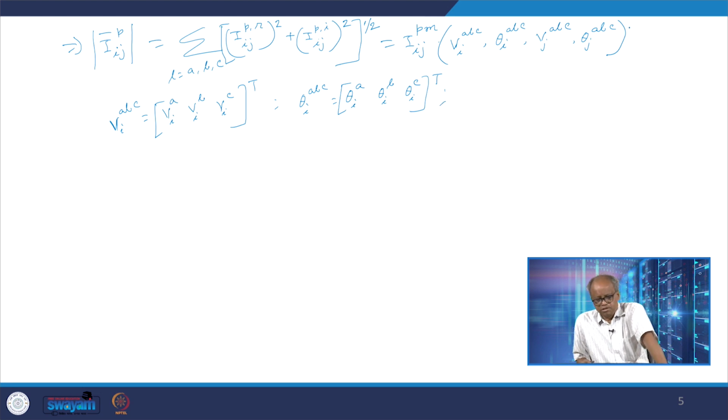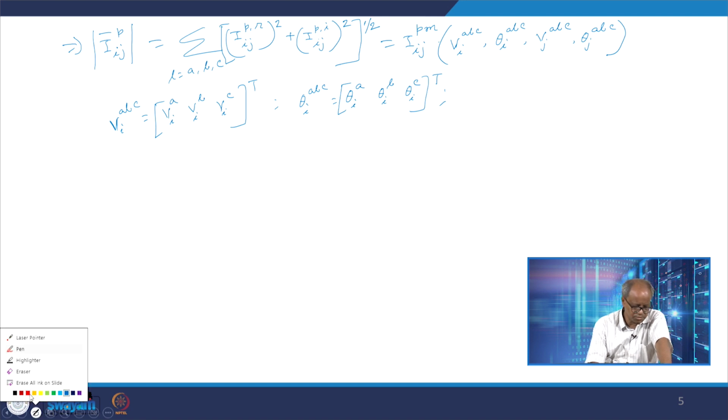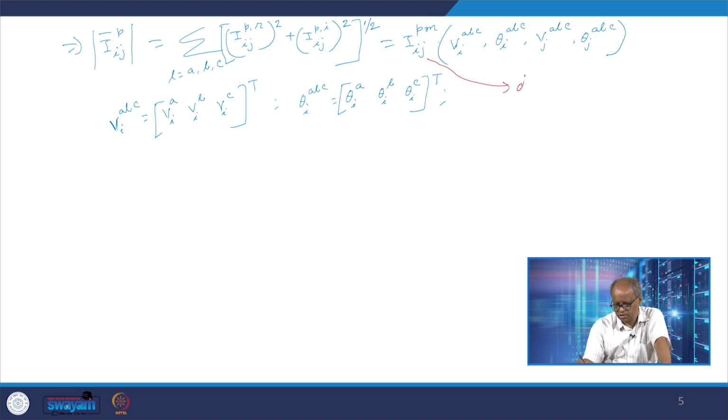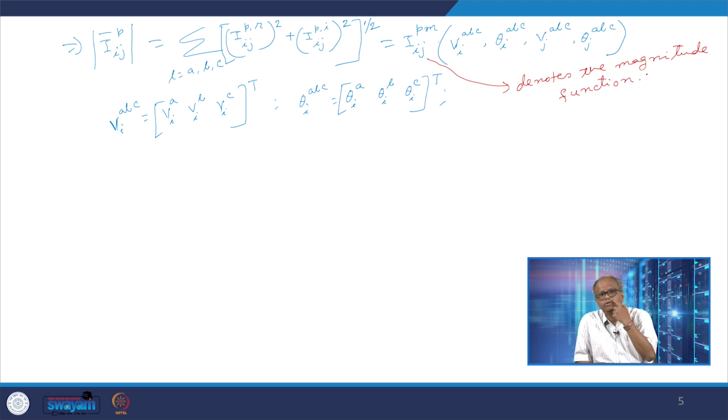Similarly VJABC, similarly theta JABC. So this is a vector, this is a vector, this is a vector, this is a vector, and this denotes the magnitude function. Right. So that is how it goes.